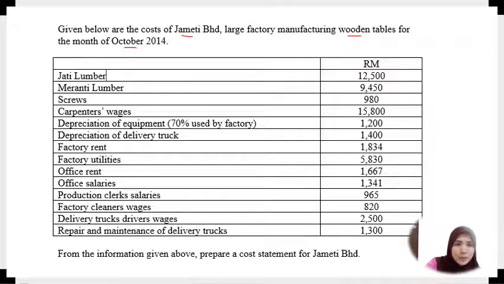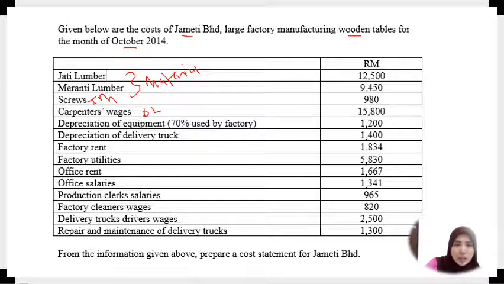Jati, lumber, meranti: this one we call material, so it is a direct material cost. Screw: we can classify it as indirect material. Carpenter wages we know as direct labor.